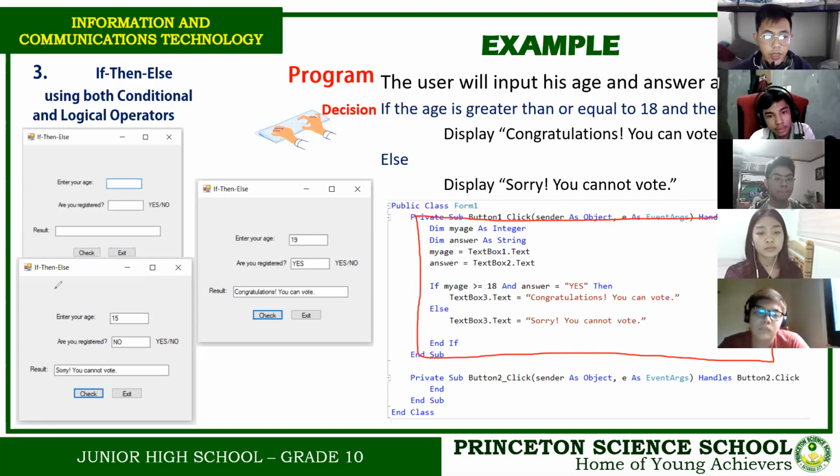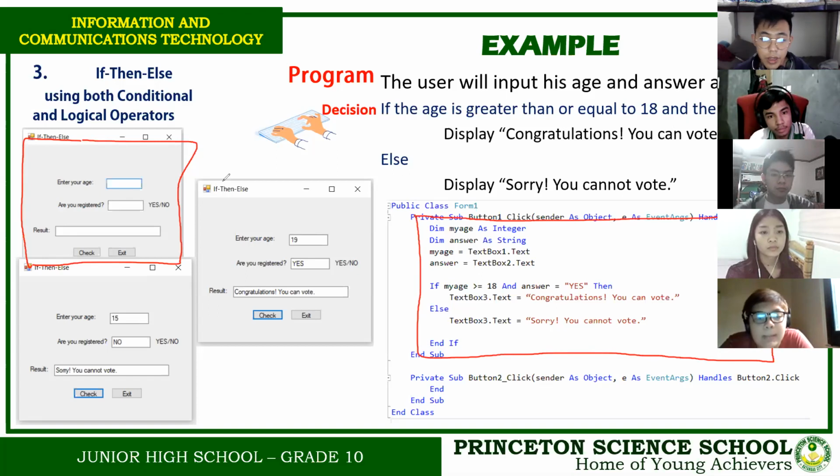Okay, so looking at our example here, that is our example output. The two text boxes have different inputs that they are going to accept. The first one is age, so automatically that is integer, and the second one is an answer. Is it yes or no?